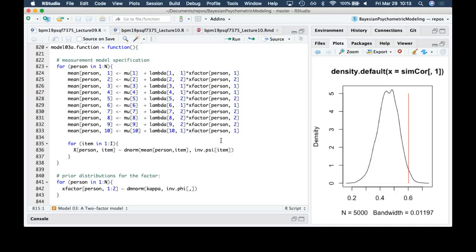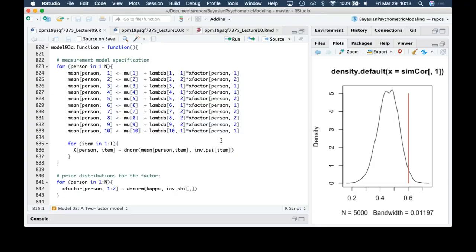And then I gave the mean side of the item equation for each item so that lambda was allowed to vary. So now, again, lambda is not a vector, it's a 10 by 2 matrix. So zeros where lambda was not there, where the item was not on that factor. Right? So here, the first item was for factor 1, so lambda 1 shows up, multiplying the factor for the first with the value of 1. And once again, I put x in front of factor because I want those at the bottom of my output.